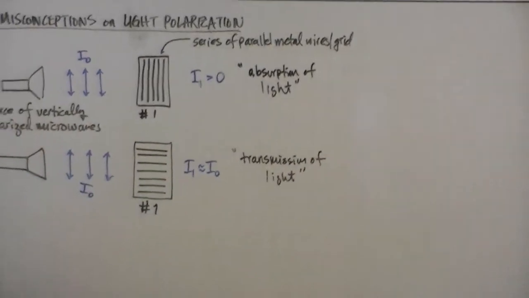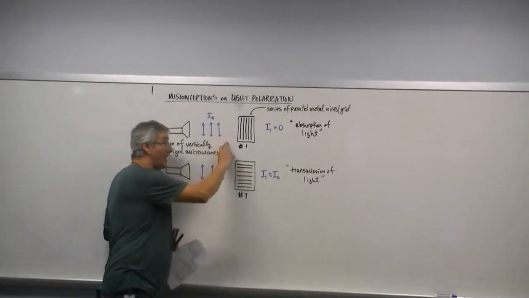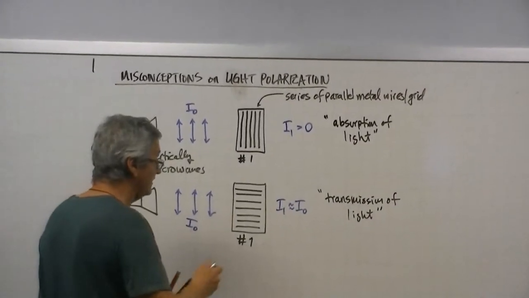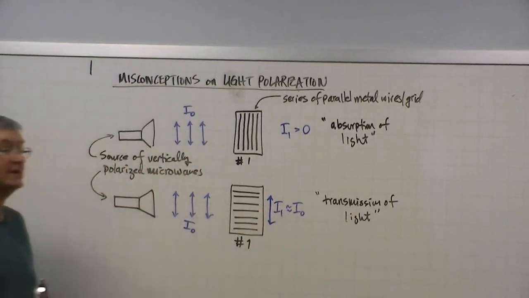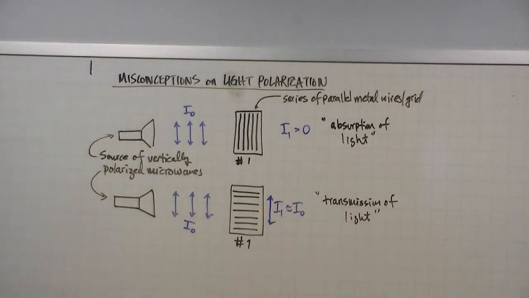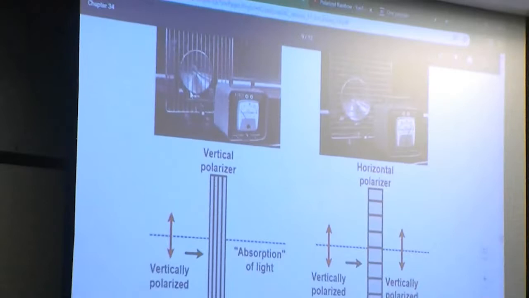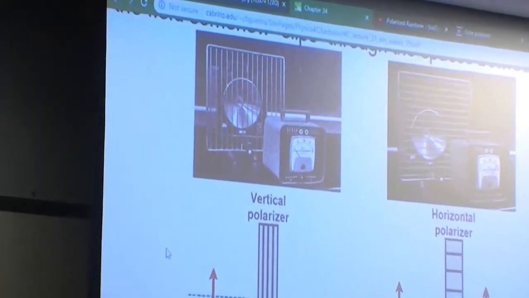So the polarizers we have for electromagnetic waves are the opposite of what happens with mechanical waves. To give you an image from my lecture notes, behind the barbecue grill I have the source on the back.